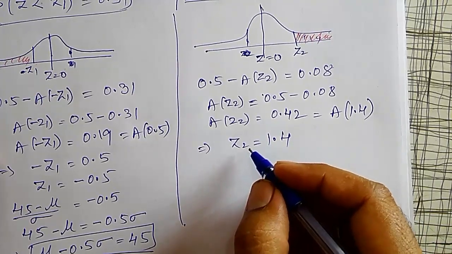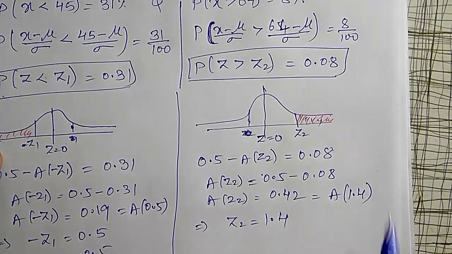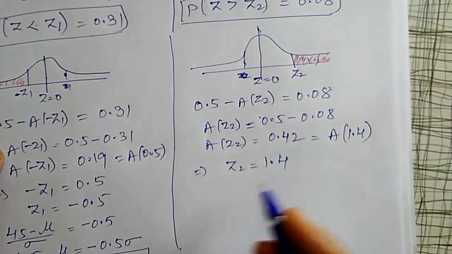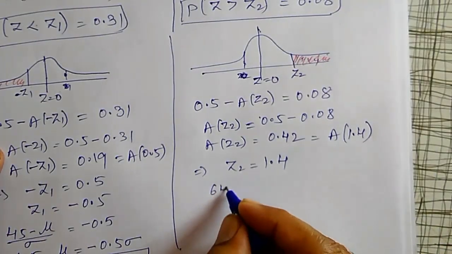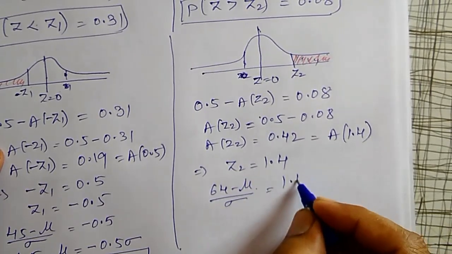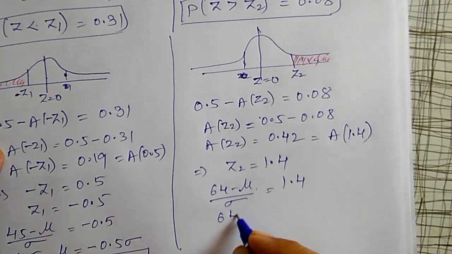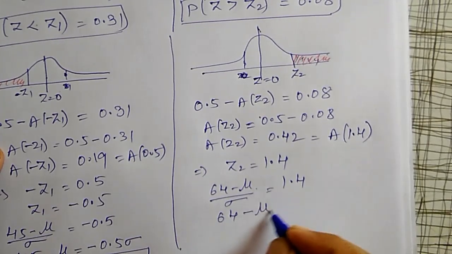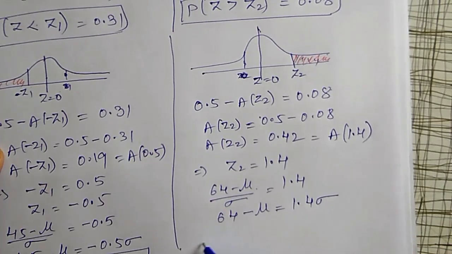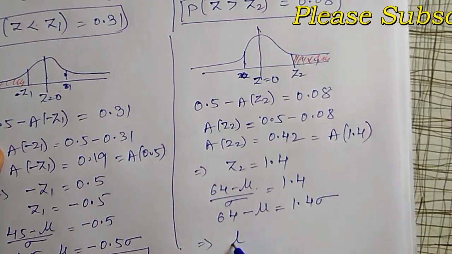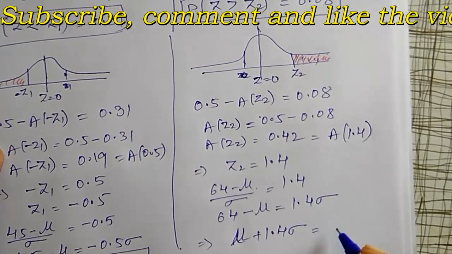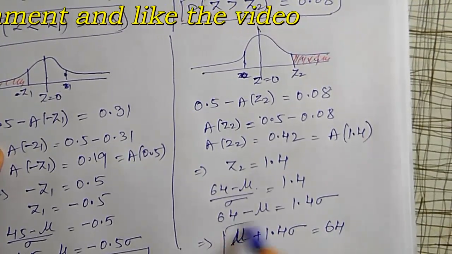But what I have chosen as Z2 is 64 minus mu divided by sigma equal to Z2. Therefore, 64 minus mu divided by sigma equal to 1.4. Therefore, 64 minus mu is equal to 1.4 into sigma. Simplifying this, mu is shifted to the other side: mu plus 1.4 into sigma equal to 64.